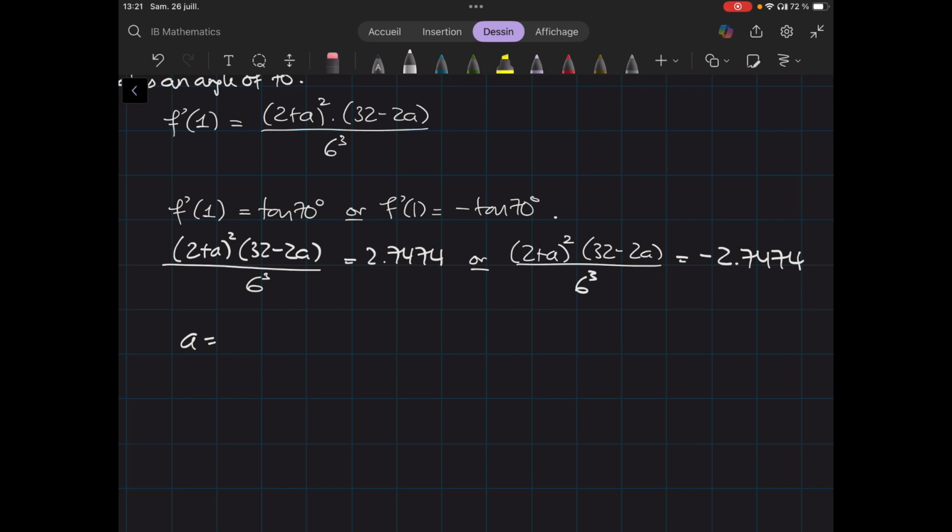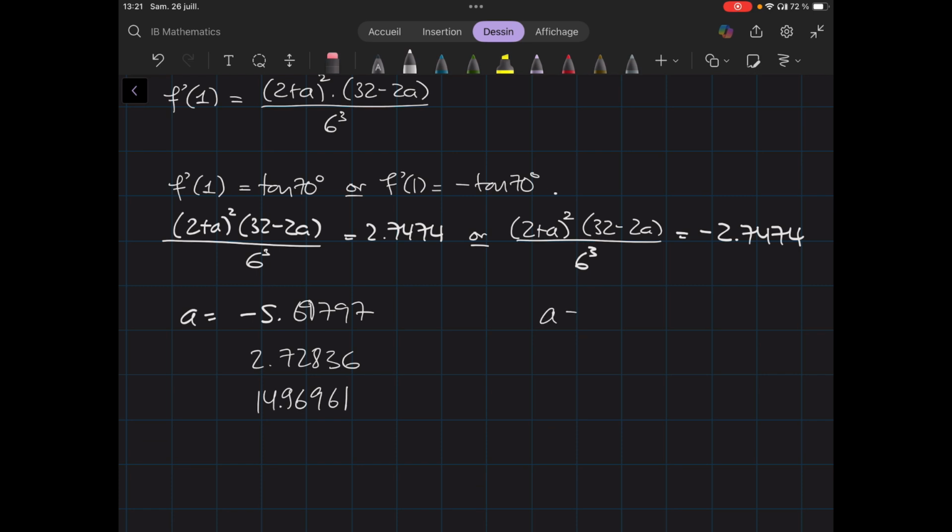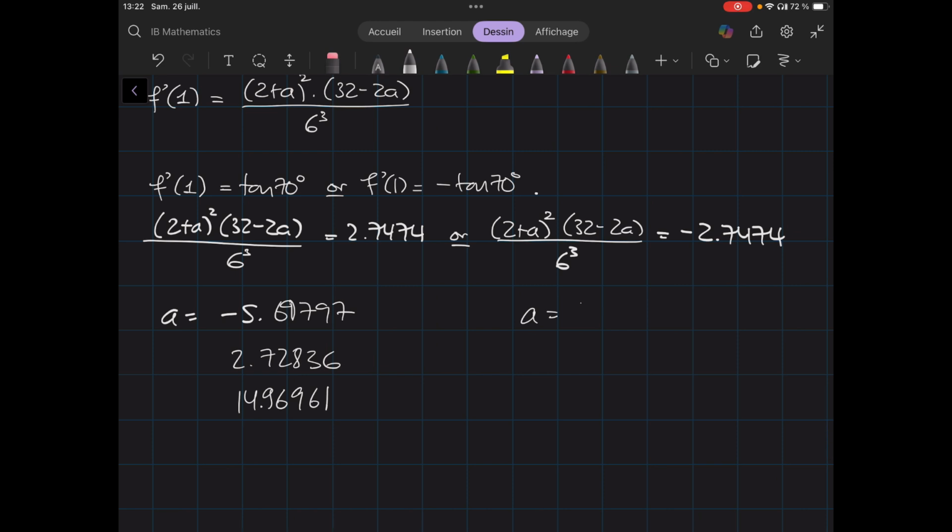You have 3 options here. You get 3 roots. It's either negative 5.69797, 2.72836, or 14.696961. In the second option, you only have 1 root, and that is 16.83629.